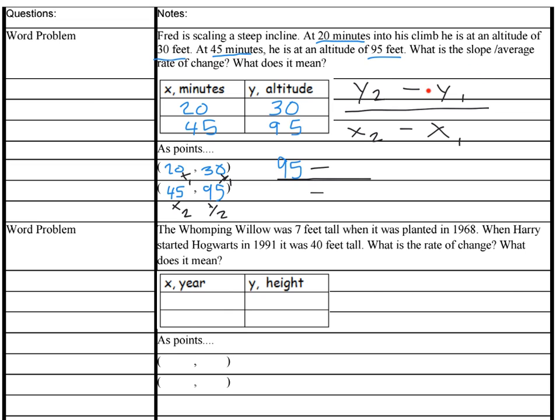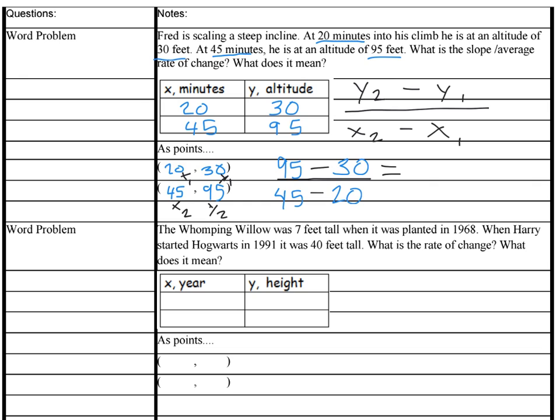Next, I need y1, so I look for y1, that's 30, so that goes here. Then I need x2. Here's x2, it's 45, so that goes here. And then last, I need x1. So I look for x1, that's right here, it's 20, so that goes right here.